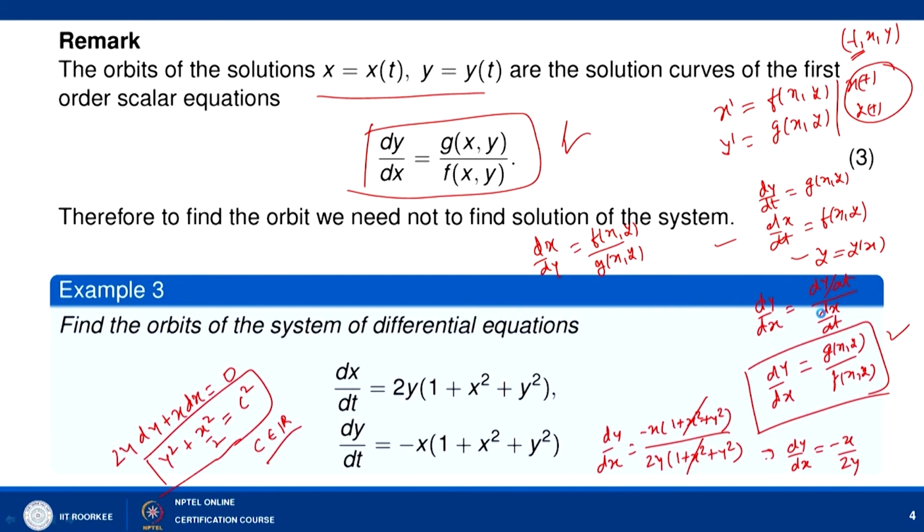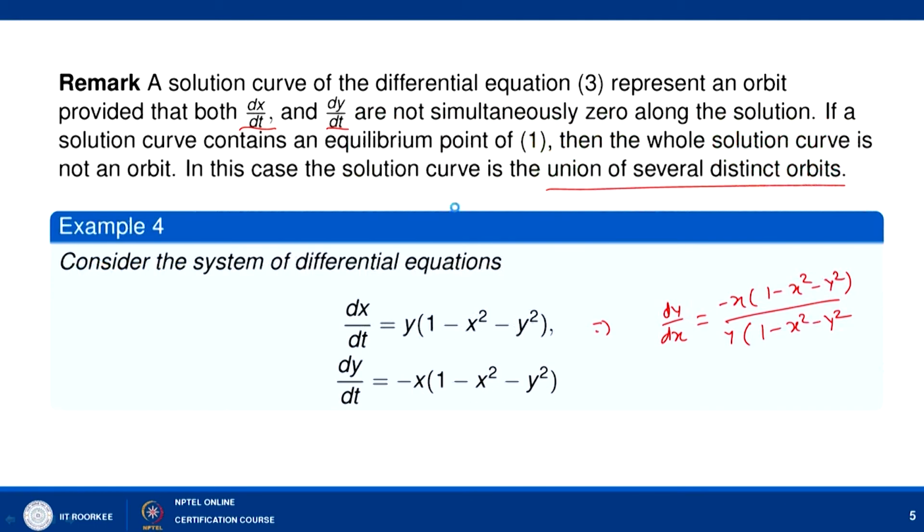Here we are using dy/dx = g(x, y)/f(x, y). If we assume that 1 - x² - y² is non-zero, then I can write this as dy/dx = -x/y, provided that 1 - x² - y² is non-zero.